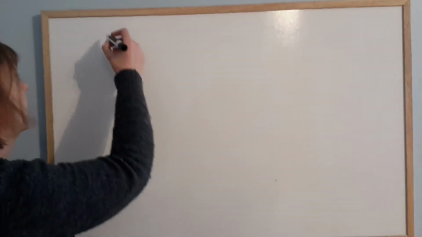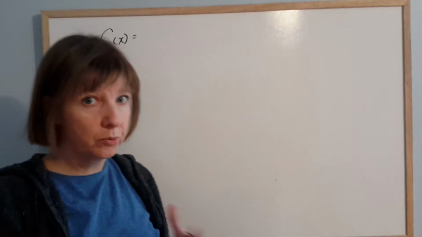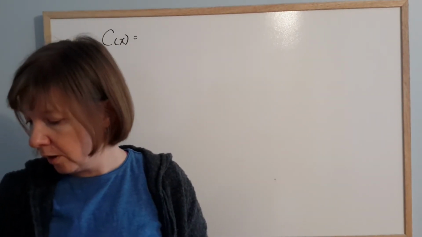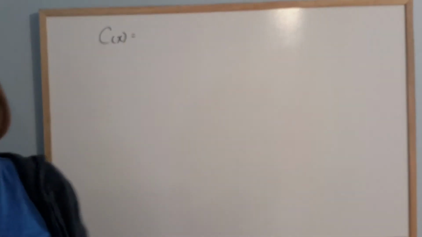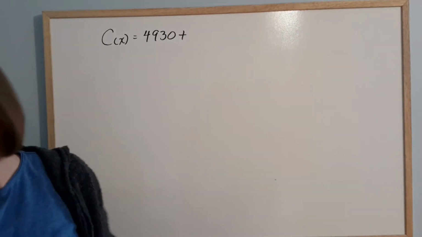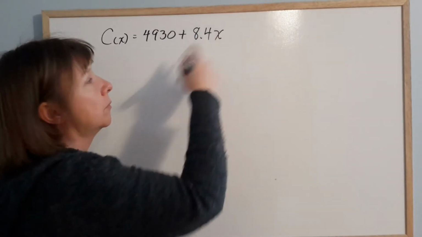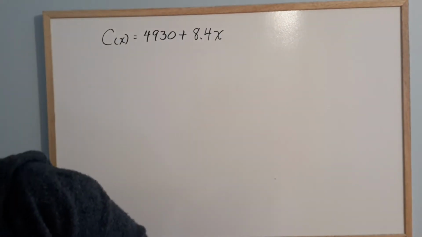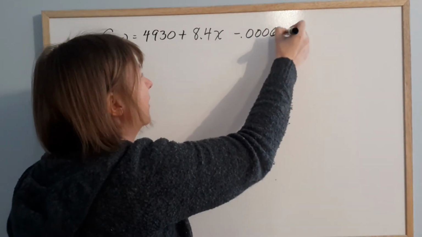So they're saying some business analyst has done this process called regression, and they have figured out that the formula for the cost of making these tires is $4,930 plus 8.4x, and remember x is always the number of things that I sell, minus 0.0006x squared.